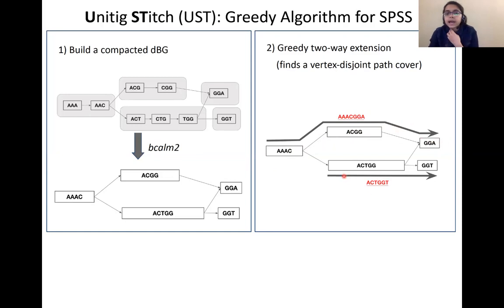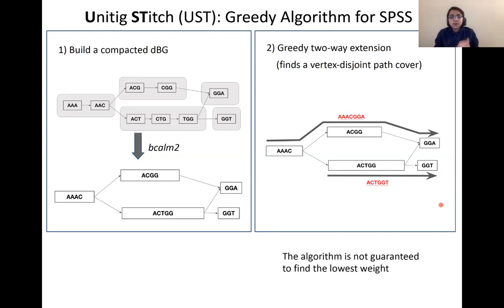For the remaining 2 vertices, we do the same, and we output the path and its corresponding spelling, ACT, GGT.